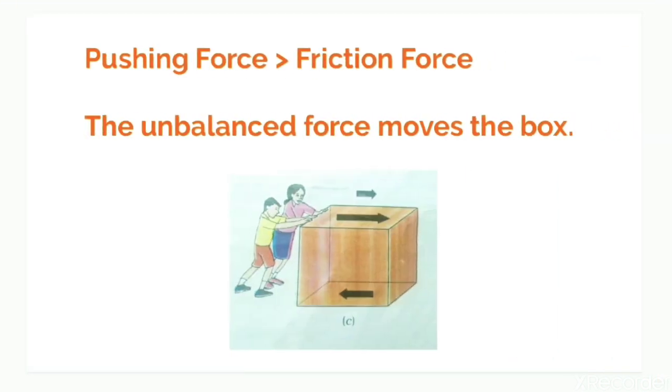Here in the last case, the children push the box harder and harder till the pushing force becomes bigger than the friction force. The unbalance in forces makes the box move. So what we understand from today's examples is that unbalanced forces are required to change the state of any object.